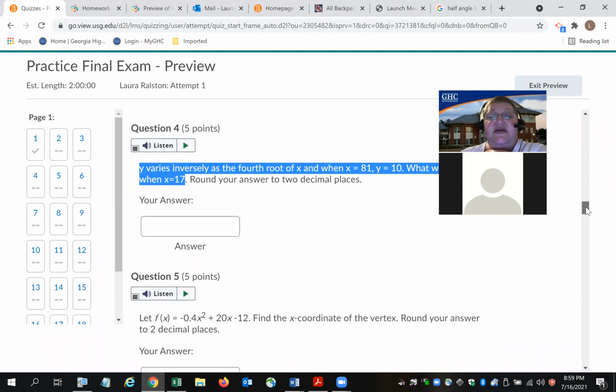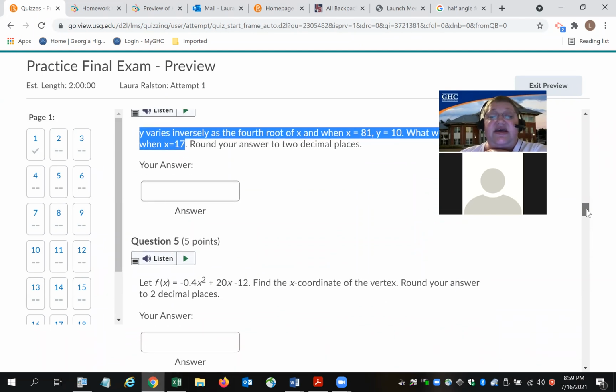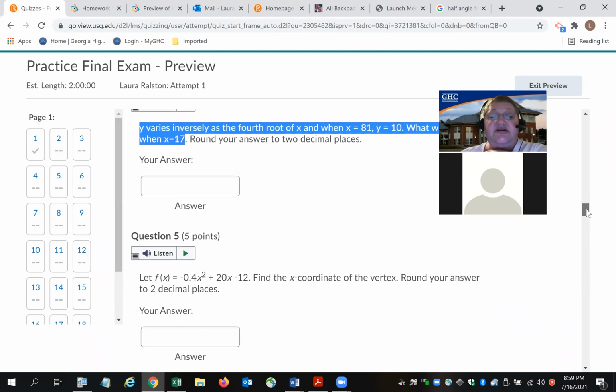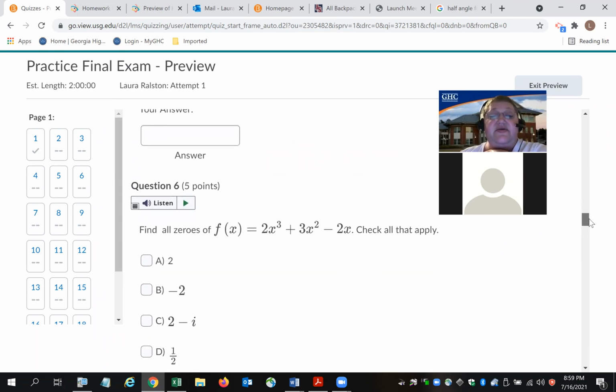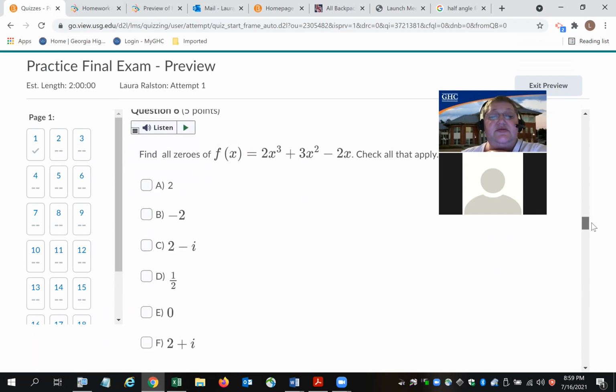Okay, let's see what else we got. Finding the x coordinate of the vertex, that's a formula, plug and chug. Find all the zeros. Y'all stop me if you need me to work through it.